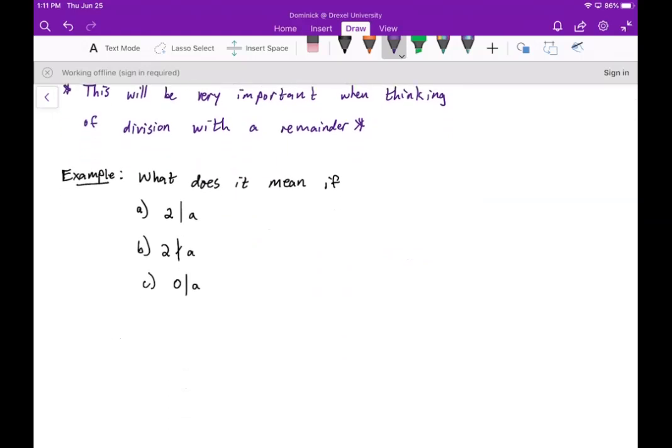We want to know, what does it mean if 2 divides a? Well, if 2 divides a, then this means that 2k is equal to a for some integer k. What does it mean if we can write a as 2 times an integer? That means that a is even.